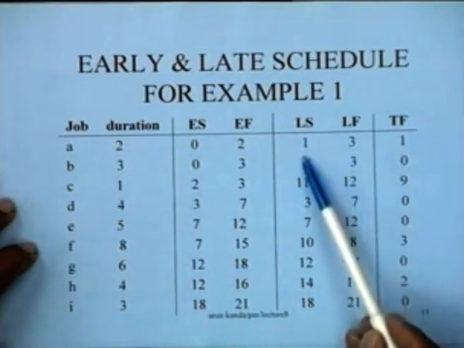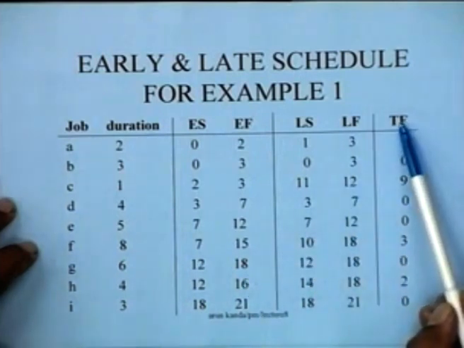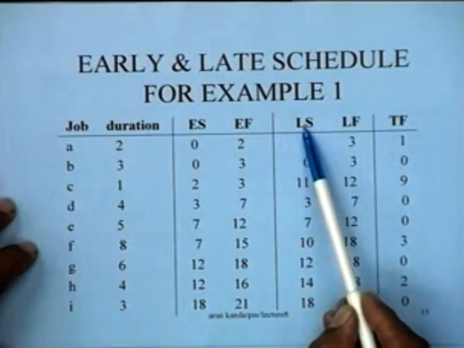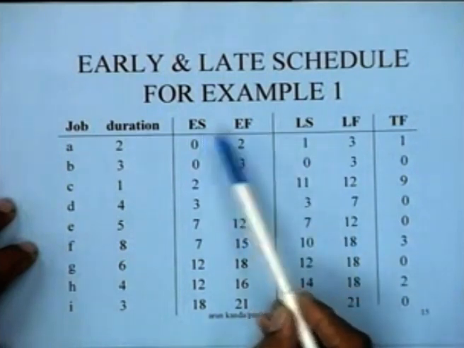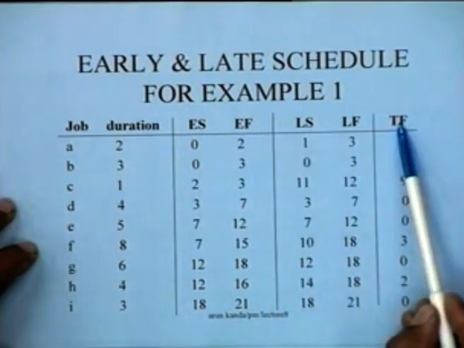we get the late start time of these activities, and we can define a quantity called the total float, which is nothing but the difference between the late start and the early start, or the late finish minus the early finish of the activity.